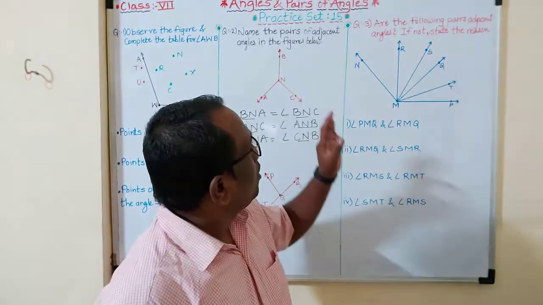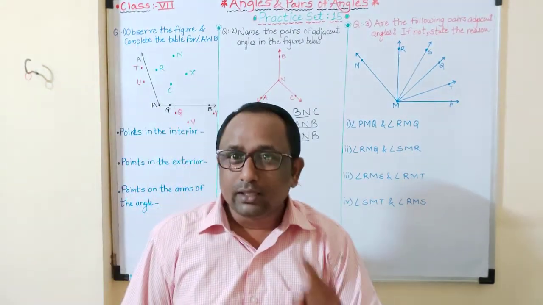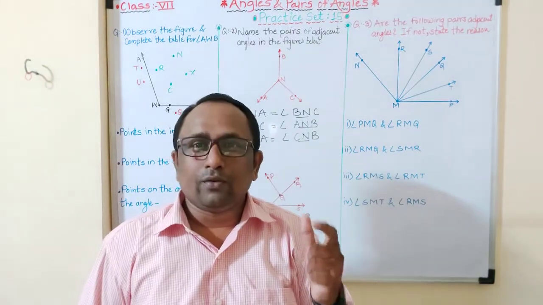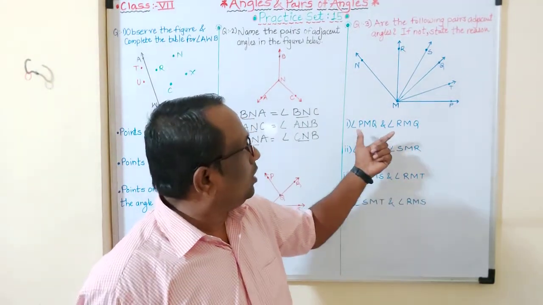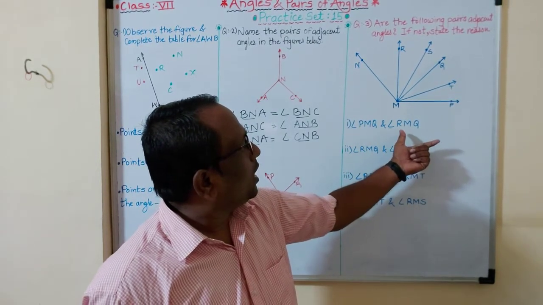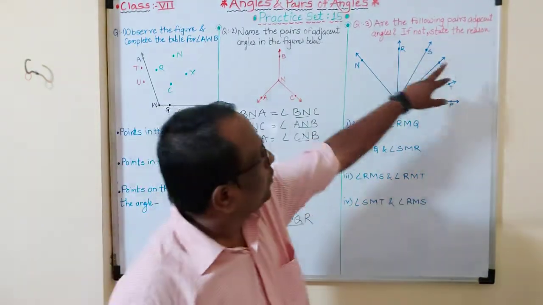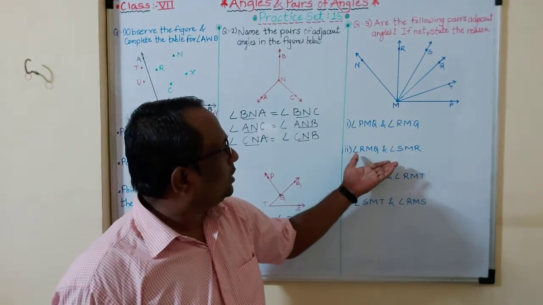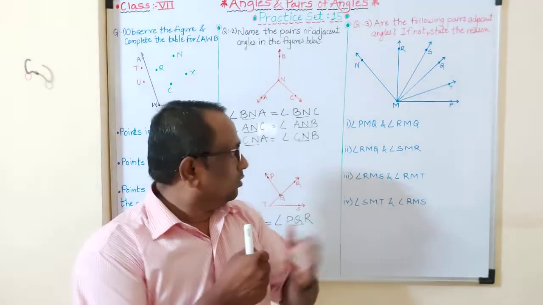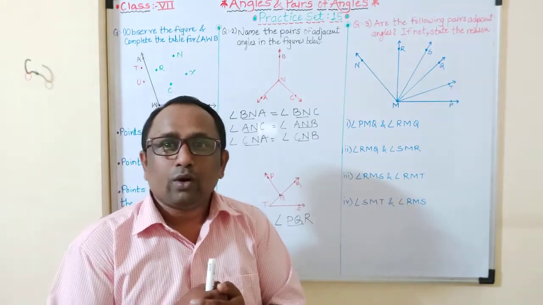We have to check the angles according to our definition of adjacent angles. If the pair fits the definition, then you write, for example, angle PMQ and angle RMQ are a pair of adjacent angles. And if not, then state the reason why this pair of angles is not an adjacent angle pair. So we have to write the reason.